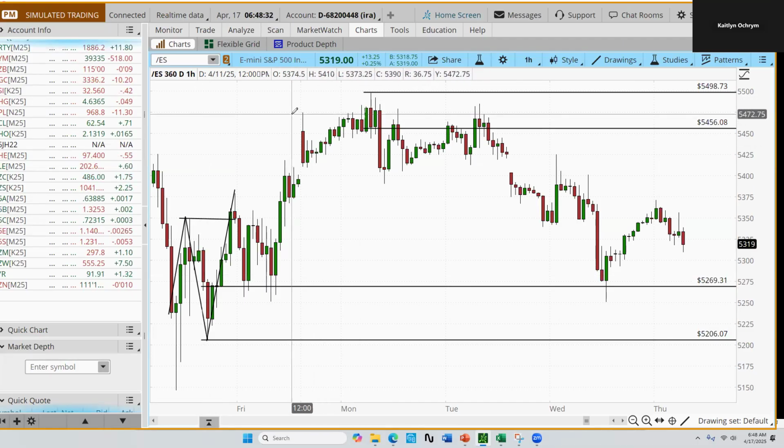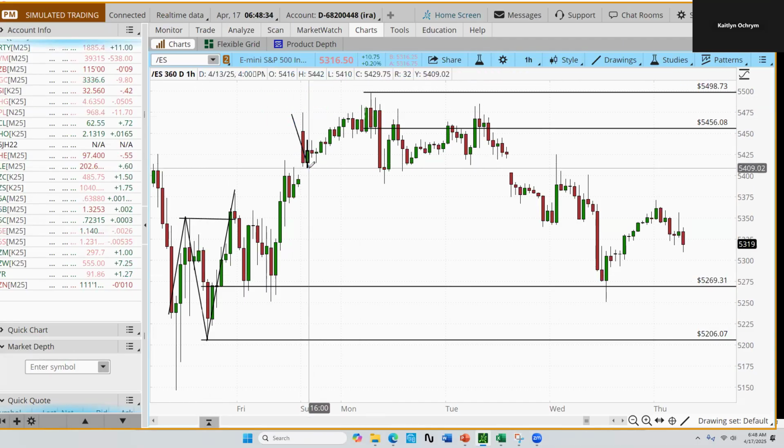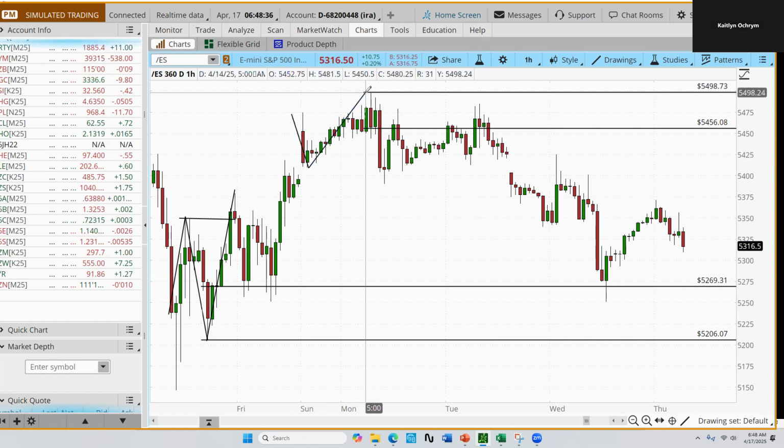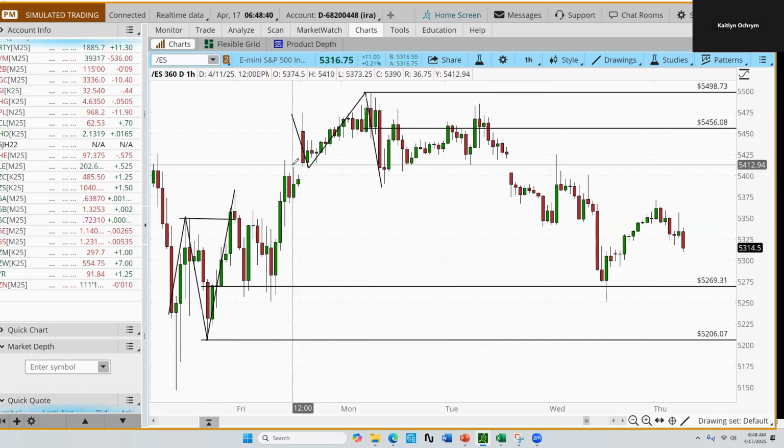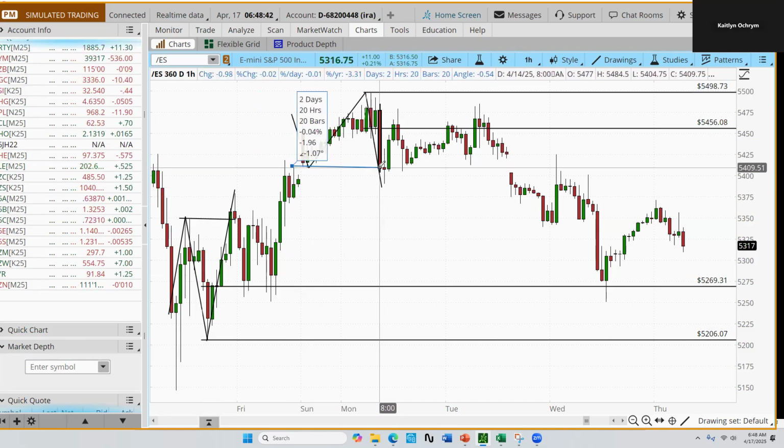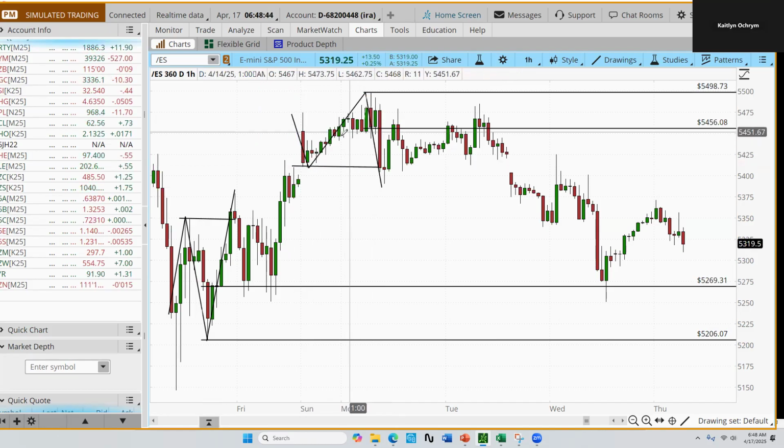Just like this one, if I'm drawing my pivots out, notice this zone broke the pivot to the left. So then my eyes are going to gravitate towards this zone for a short trade opportunity.